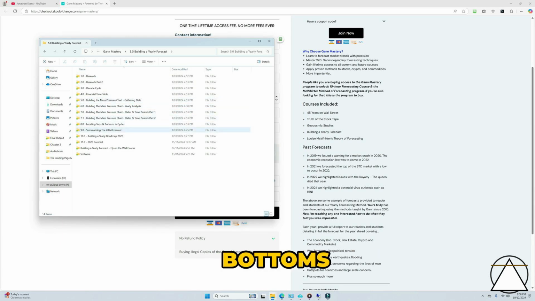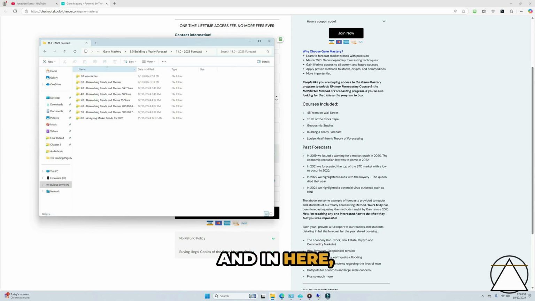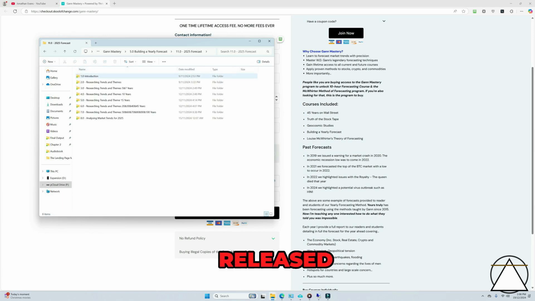Locating tops and bottoms in cycles, summarizing the 2024 forecast, building the yearly roadmap for 2025, and then I got the 2025 forecast. And in here, I've also just released the 2025 forecast. So this is now updated for everyone else who's in the program. You can go ahead and download this, and you'll be able to see basically the methods I use for forecasting the trends in the market, forecasting the trends in the world.